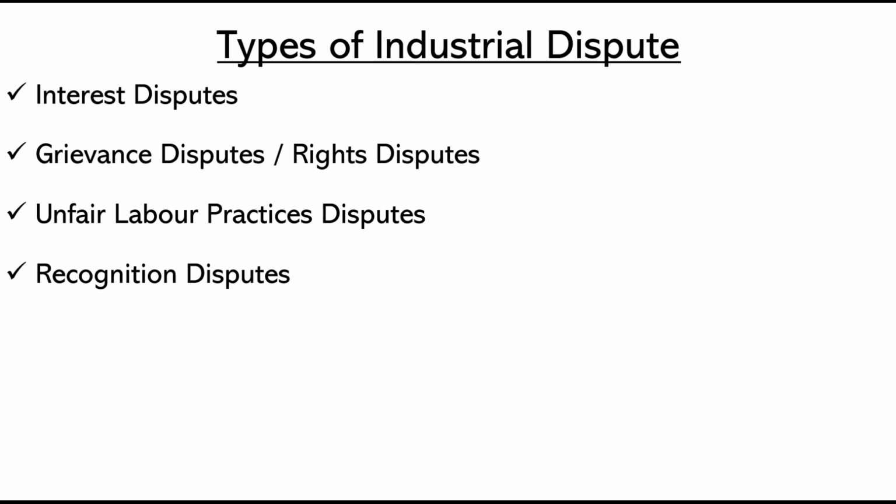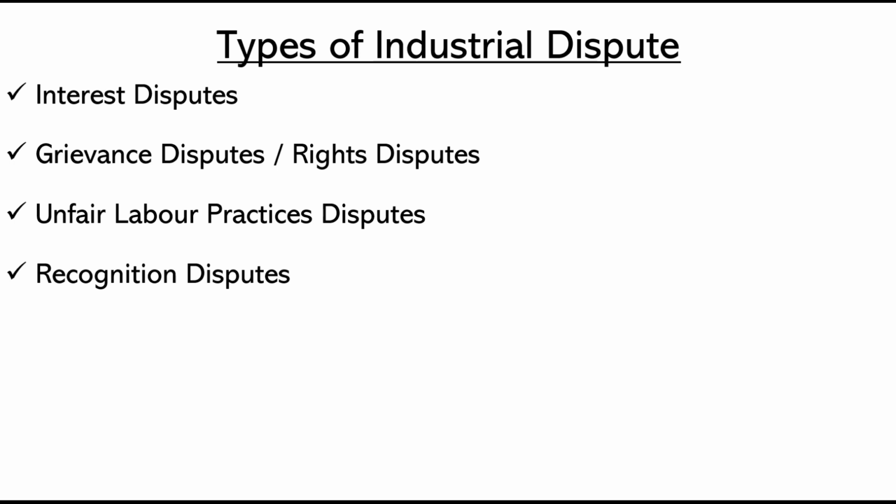Now, next is recognition dispute. This happens when trade unions are not recognized by the management for collective bargaining of salary or for representing an employee in any case of dispute. See, why does a trade union exist?